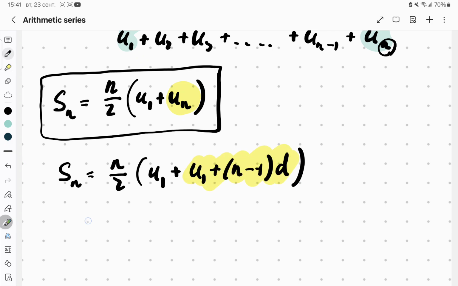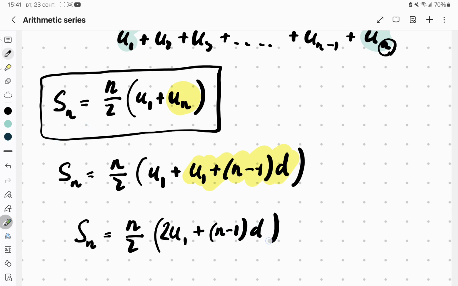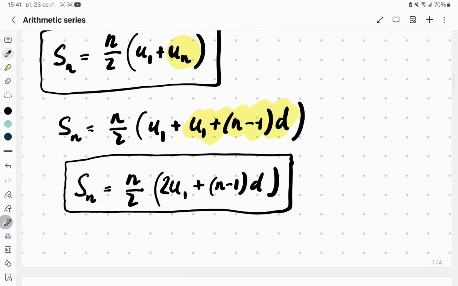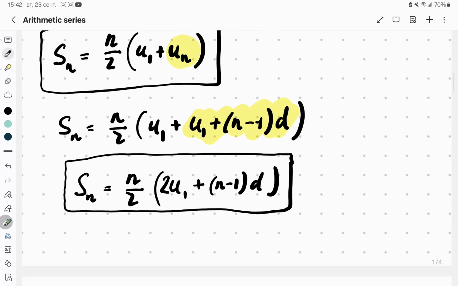After simplification, the final formula will look like n over 2 times 2u1 plus n minus 1 d. This formula is also presented in the formula booklet, and it is more useful because most of the time the problems give only u1, d and n.